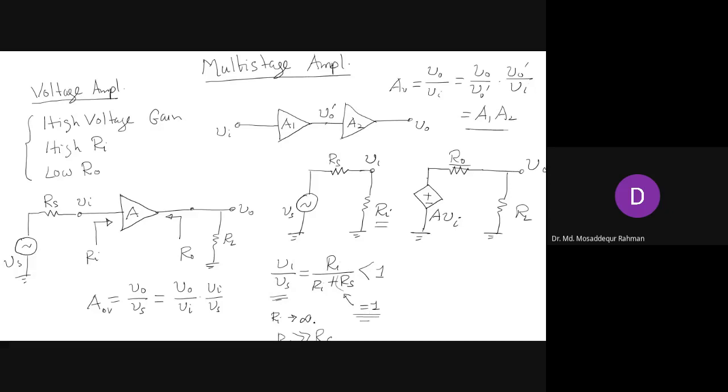So for a very high value of Ri, there will be no attenuation, no signal loss. You will get the full Vs at the input, so Vi will be almost equal to Vs when Ri is very high.